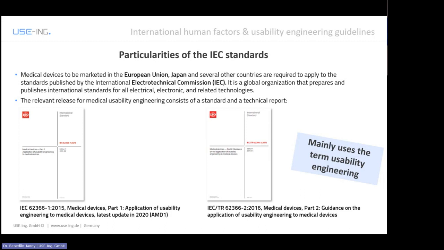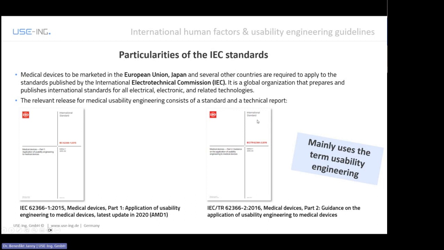So the safe and effective final proof happens in the summative usability evaluation, and formative is an ongoing process while designing, trying to improve your user interfaces. I hope that clarifies it a little bit.